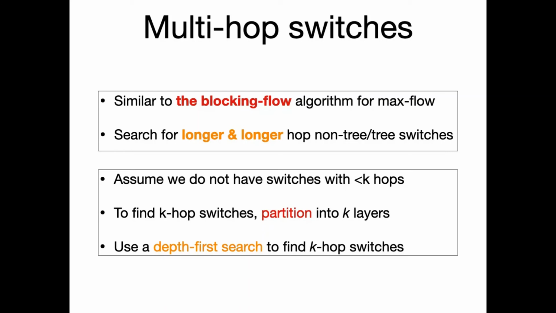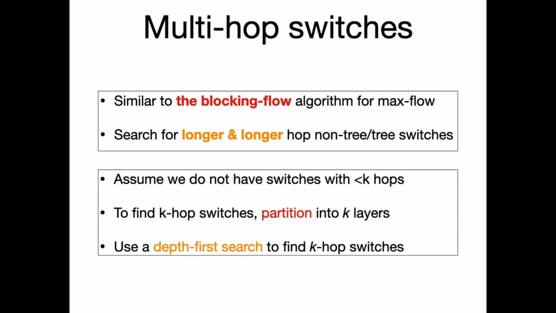So, to implement this idea, our algorithm searches for longer and longer hop non-tree and tree edge switches, which is similar to the blocking flow algorithm in the MaxFlow literature. Assume in each iteration we do not have switches with small hops, say less than k hops.